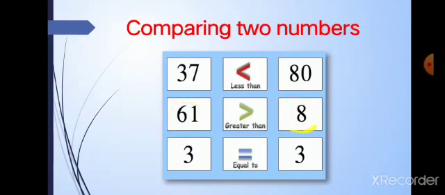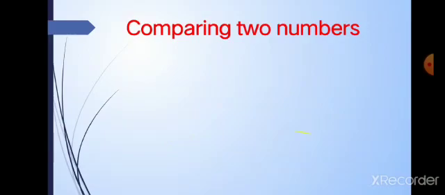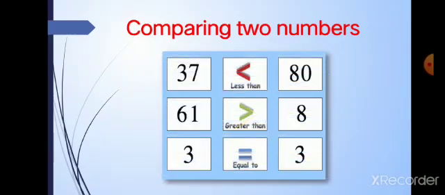You know that 61 is greater, so you put the greater than sign here. 61 is greater than 8 or 8 is less than 61. The third one is 3 is equal to 3. It means both numbers are equal. So you put the equal to sign here.